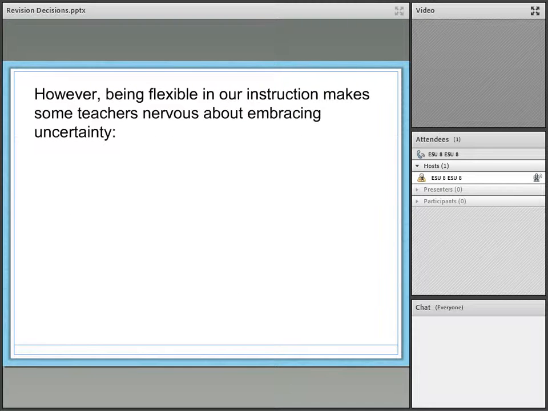However, we need to be flexible in our instruction, and that makes some teachers very nervous about embracing the uncertainty. And these might be some of the questions that you have right now when I'm talking about being flexible.